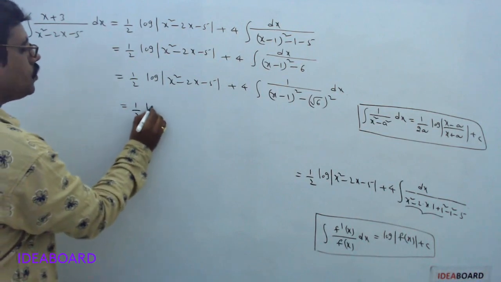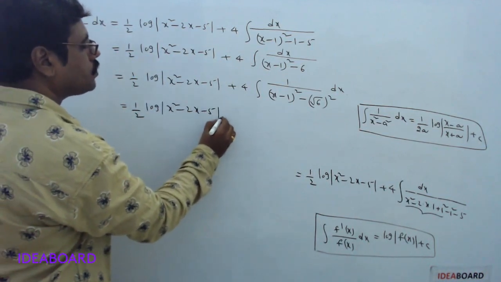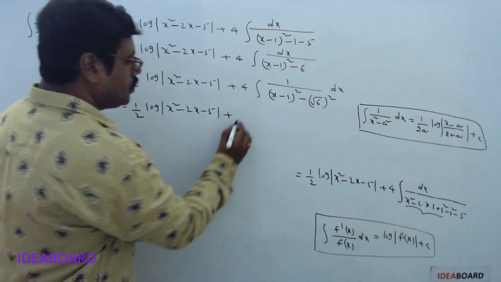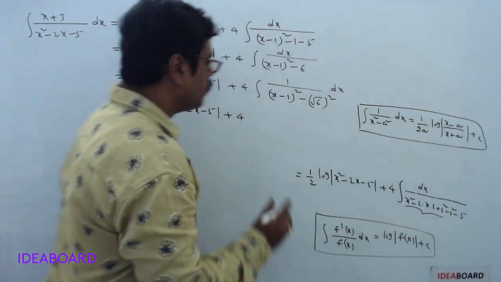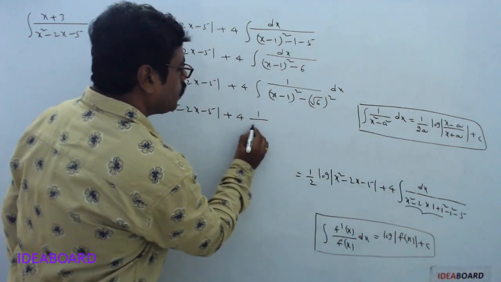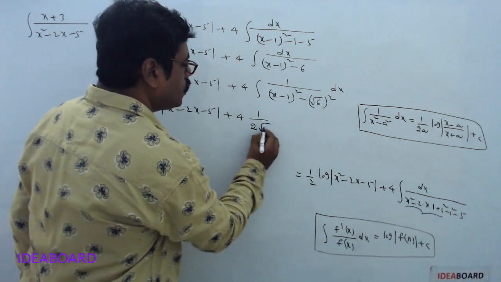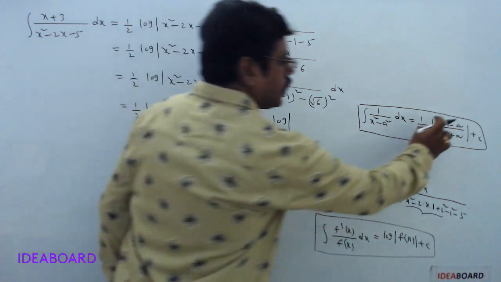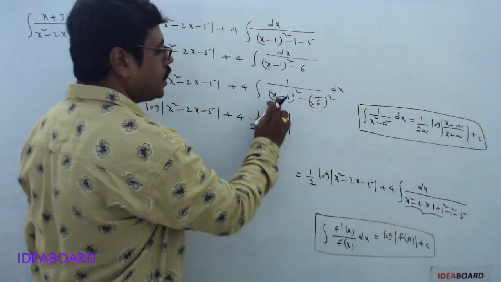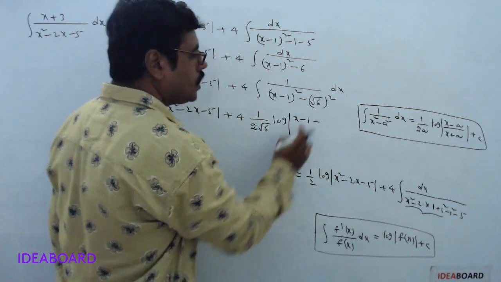Now, this is 1/2 × log|x² − 2x − 5| + 4 × (what is the formula? 1/(2a)). So, 1 divided by 2a. What is the value of a? Root 6, into log|x − a|, here x is x − 1, minus a.